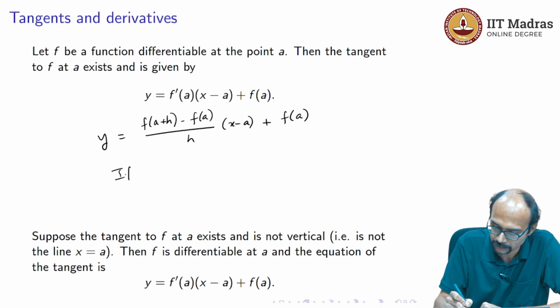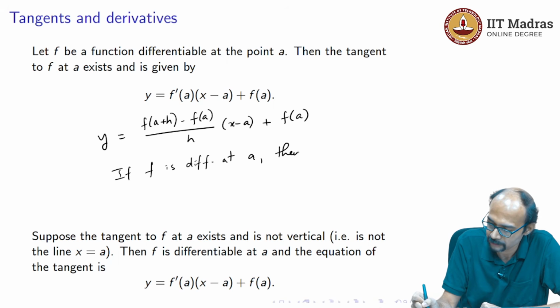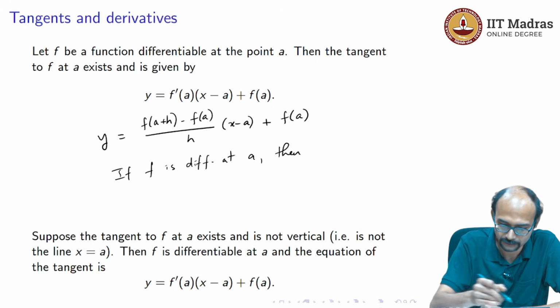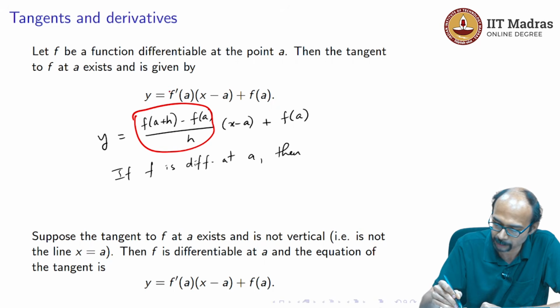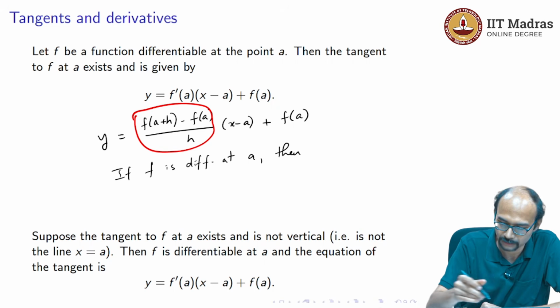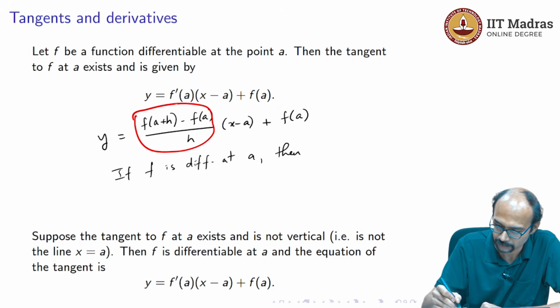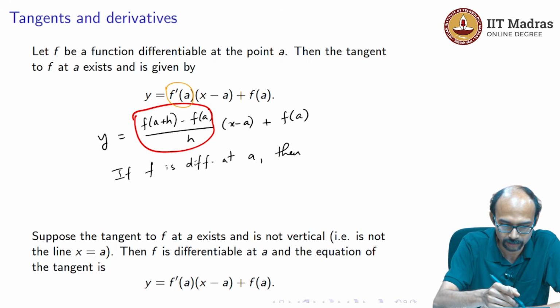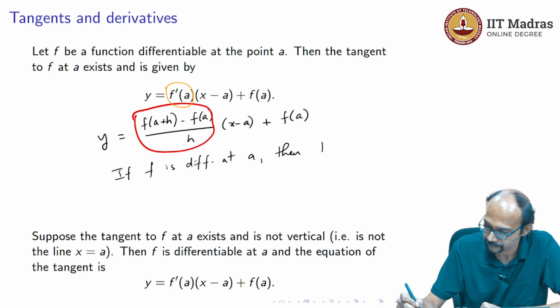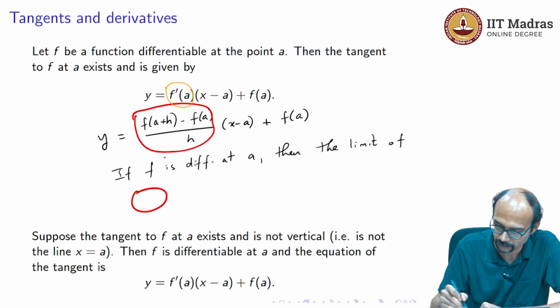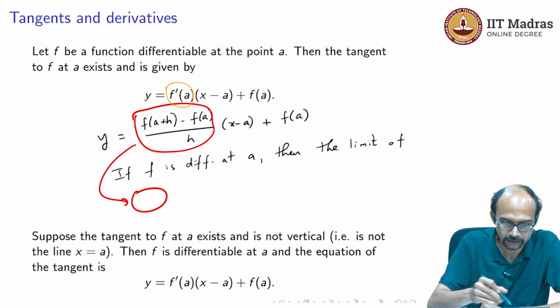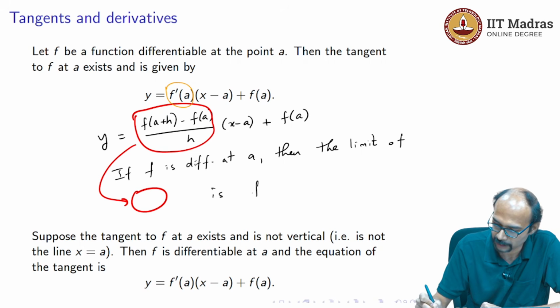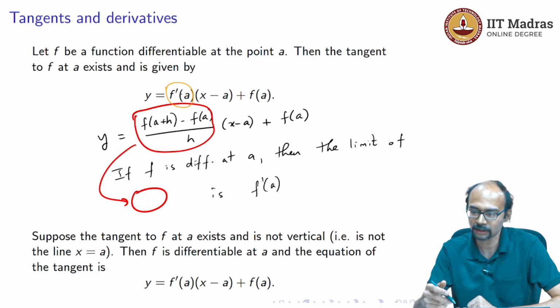If f is differentiable at a, then the limit of this thing in the red box is f prime a, which is in the orange box, and that is how you get this expression.